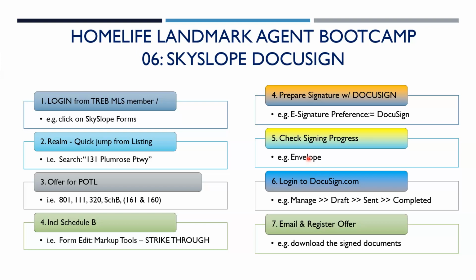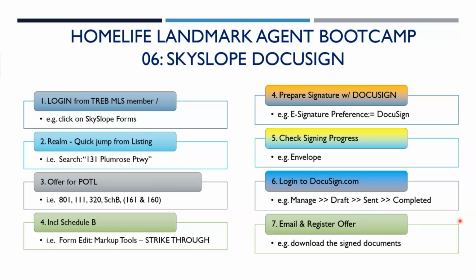So that's managed by Docusign, not managed by Skyslope anymore. Remember that. But if you use the other one, like last week in my training topic number 4, you can look at that. If you use that one, then it will be managed by Skyslope.